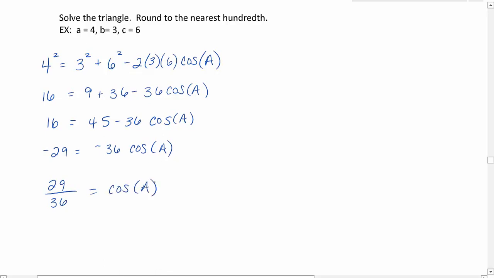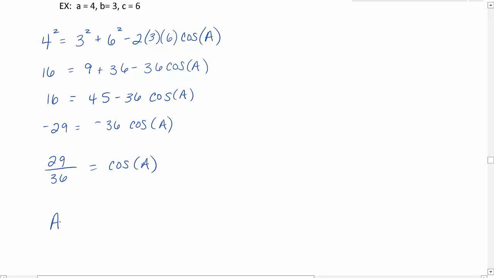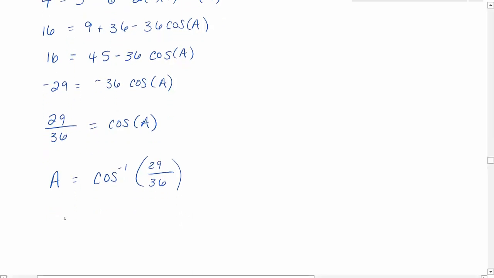And now we're ready for inverse cosine to get our A. A equals cosine inverse of 29 over 36. We plug that into our calculator and round to the nearest hundredth. Angle A equals 36.34 degrees.